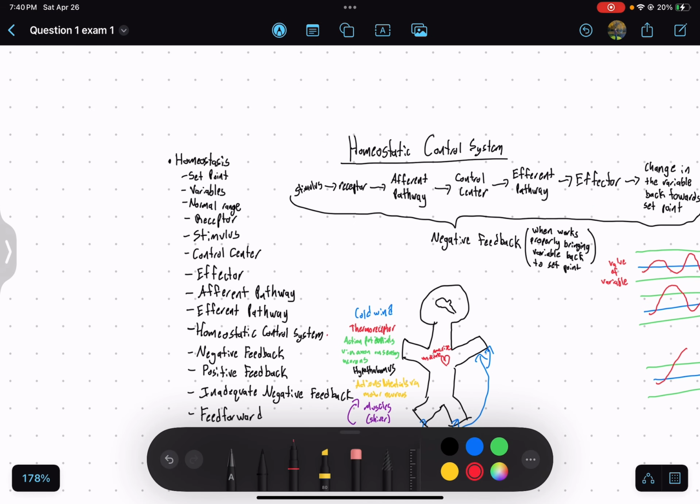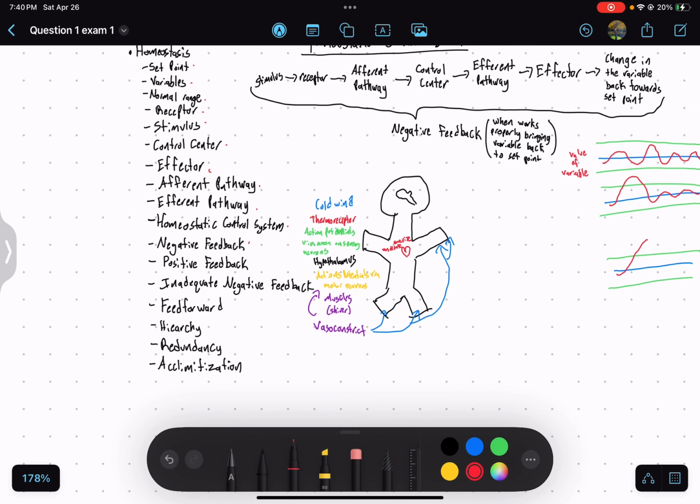So we touched on set point variables. We touched on normal range, receptor, stimulus, control center, effector, efferent pathway, negative, positive feedback, and inadequate feedback. And we also touched on hierarchy.